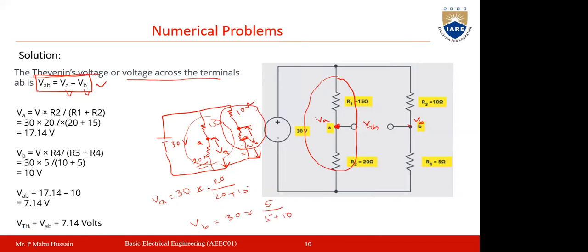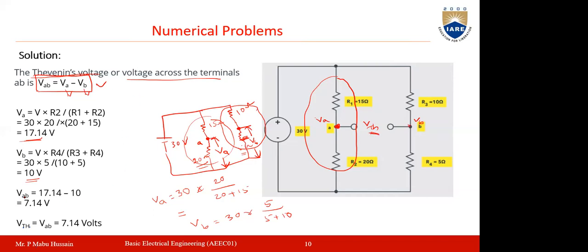So VA is 30 into 20 by 20 plus 15, and VB is 30 into 5 by 5 plus 10. If you solve this, VA comes to 17.14 volts and VB comes to 10 volts. Once you get VA and VB, V Thevenin will be VA minus VB.